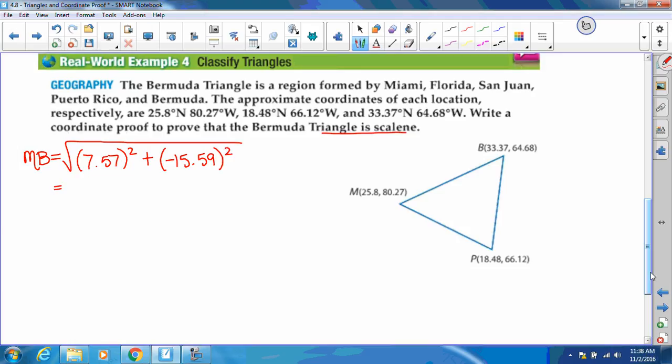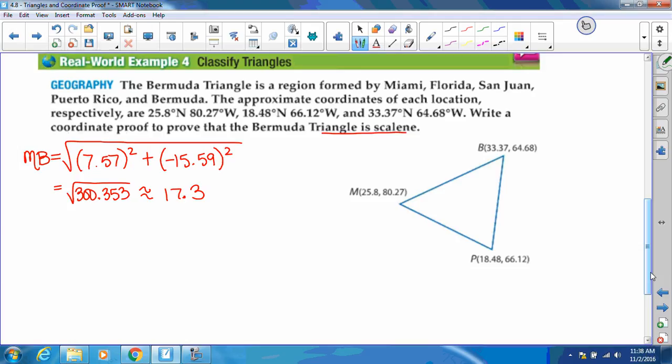Okay, so let's see what that gives us when we do both of those. So the square root of 300.353, and what is that? Which is approximately 17.3. Okay, so that's the length of MB.